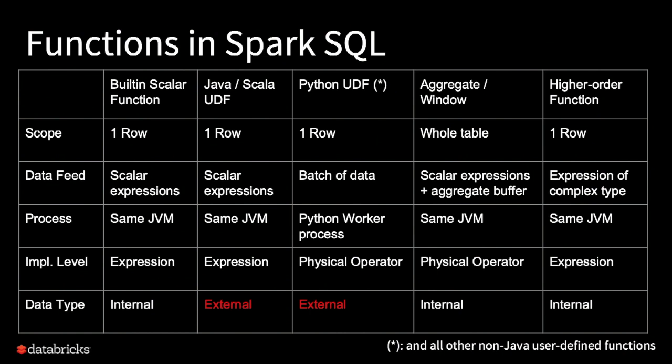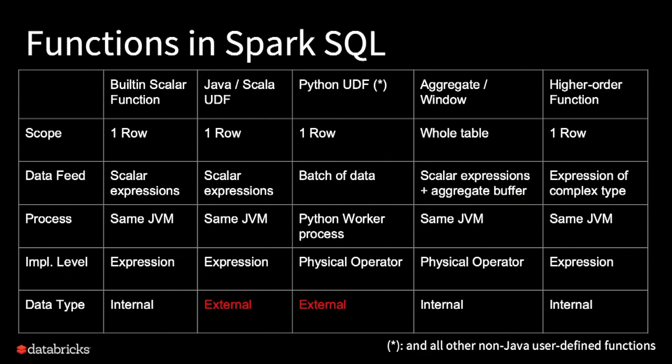And then the second is what I would categorize as data feed, which is, what do you feed into the implementation of the function? Most of these just take in other expressions as input. But Python UDFs and other non-Java, non-JVM UDFs actually take in a batch of data at a time, and then it's implementation specific how to feed this batch into the actual function.